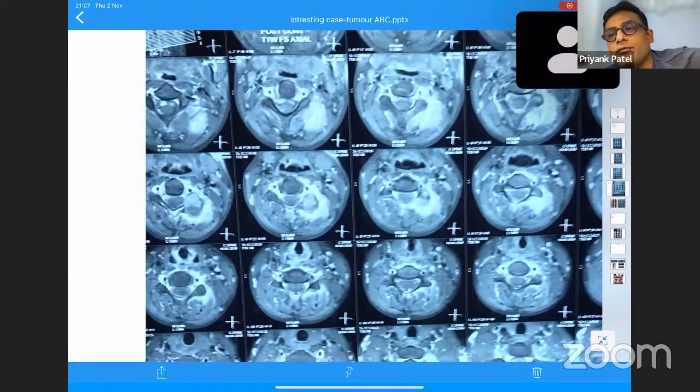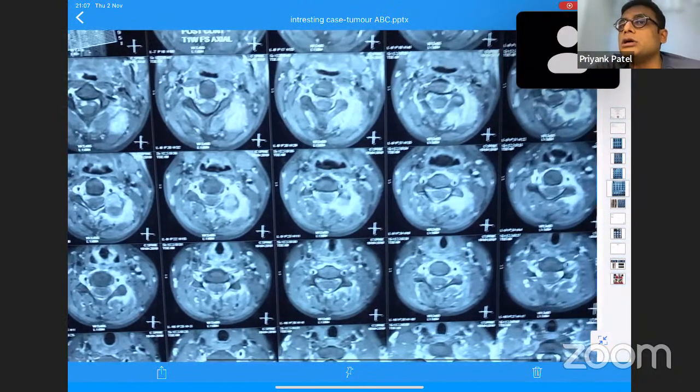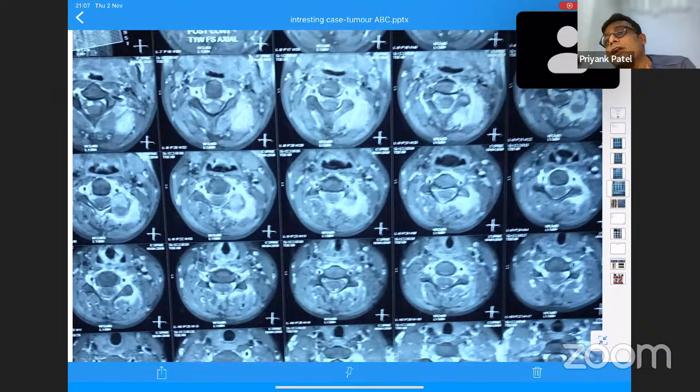Absolutely. If you suspect a tumor, it is very well justified to do a contrast MRI scan, because there are a lot of differentials that you can rule out with a contrast scan. And there are so many other things that can help you plan a treatment.